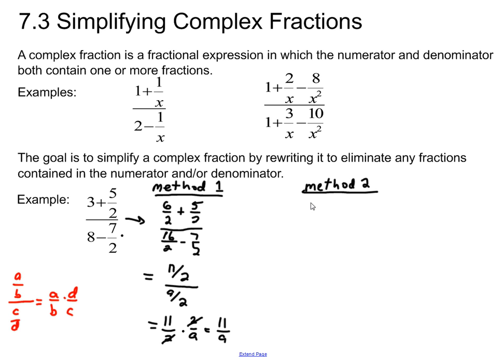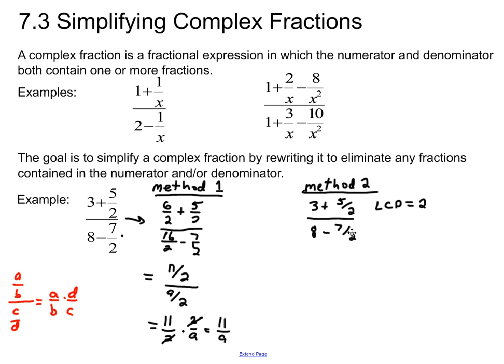We have 3, which is the same thing as 3 over 1, plus the fraction 5 halves in the numerator. We've got 8, which is the same thing as 8 over 1, minus 7 halves in the denominator. Out of all of those fractions, it looks like the least common denominator would be 2.